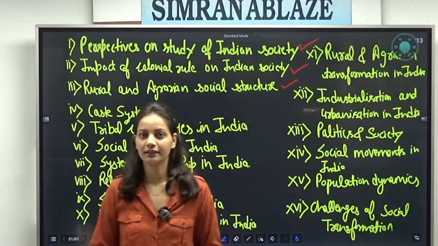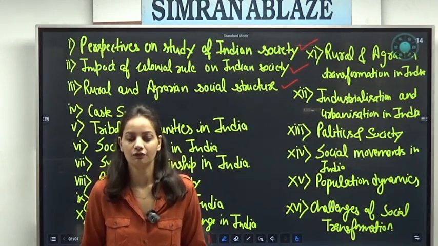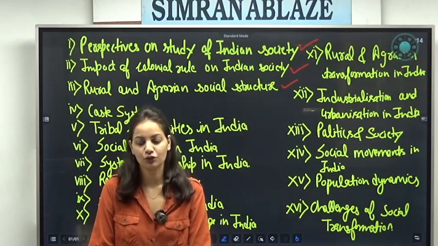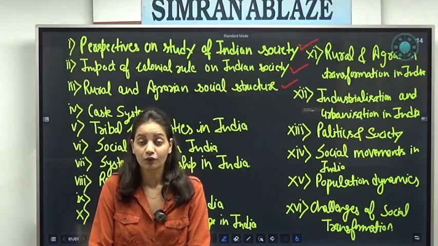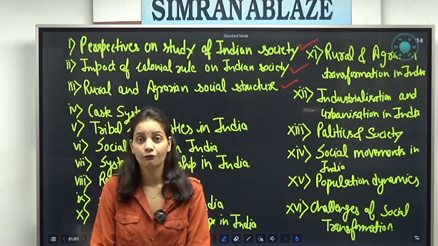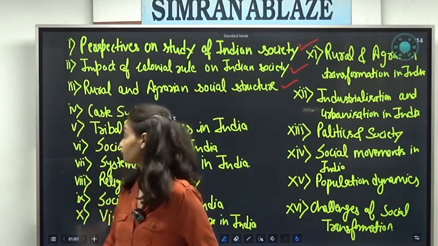Our fourth unit consists of the caste system. We study various perspectives on the caste system. Perspectives of thinkers like G.S. Ghurye, M.N. Srinivas, Louis Dumont, Andre Beteille, etc. We also study the features of the caste system, untouchability, its forms, and different perspectives on the caste system.